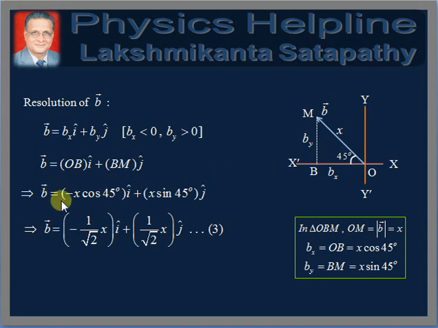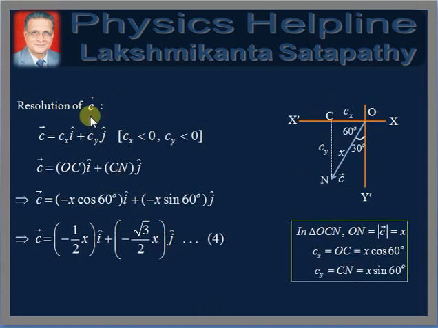Therefore, we write vector B is equal to minus x cos 45 into i cap plus x sin 45 into j cap. Now cos 45 is equal to 1 by root 2 and sin 45 is also equal to 1 by root 2. Therefore, we get vector B is equal to minus 1 by root 2 into x into i cap plus 1 by root 2 into x into j cap.